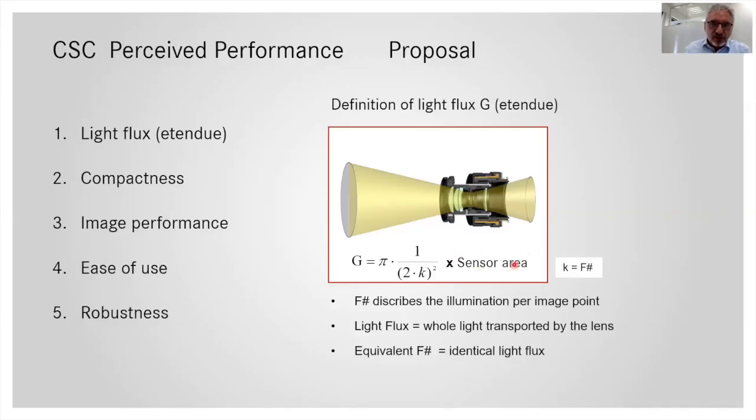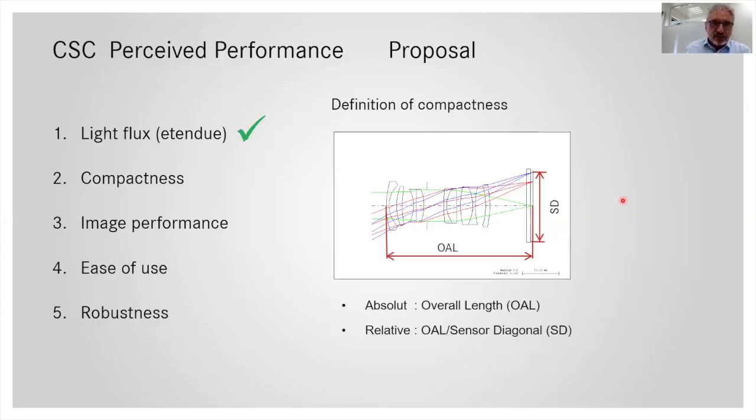Important is the sensor area, and the F number squared. So if you compare different systems with different sensor sizes, you need to know that the light flux is reduced when the sensor area is smaller, or vice versa if the sensor area is bigger. The reference today for every discussion of equivalent F number is always the 35 millimeter format, the Leica format.